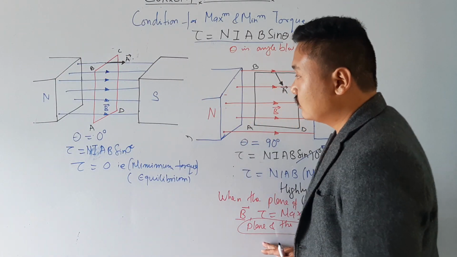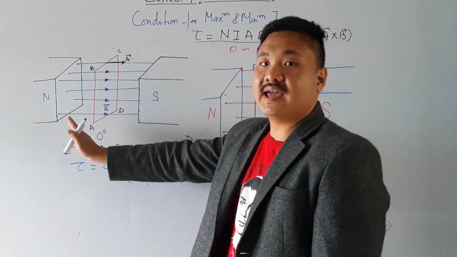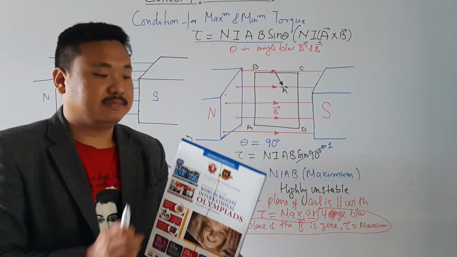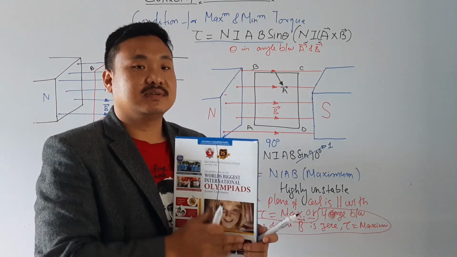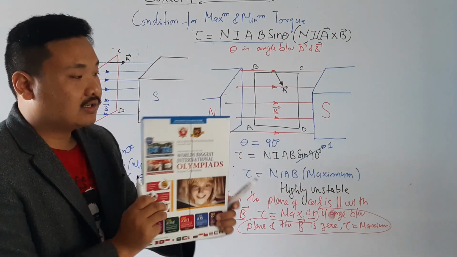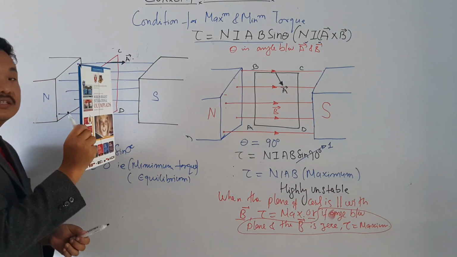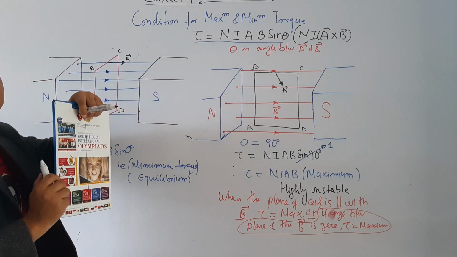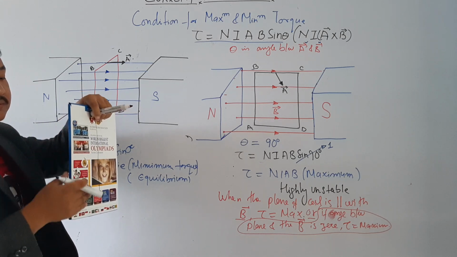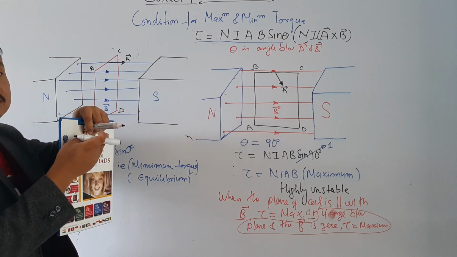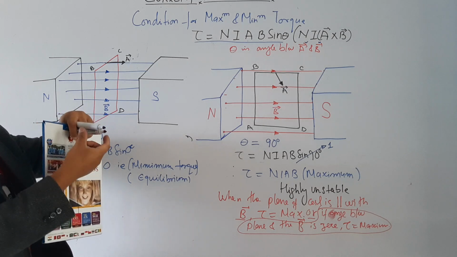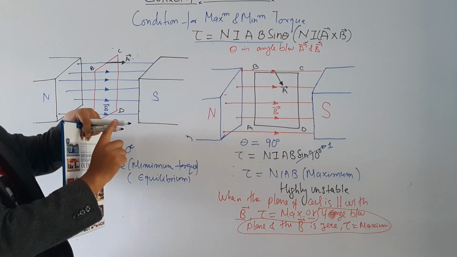Now another thing. Let me go to what should be the angle with the plane. Again, this is my plane, and it was placed in this form. This was the magnetic field. What is the angle between this plane and the magnetic field? Let me write this. The angle between area vector and magnetic field is 0 degrees.